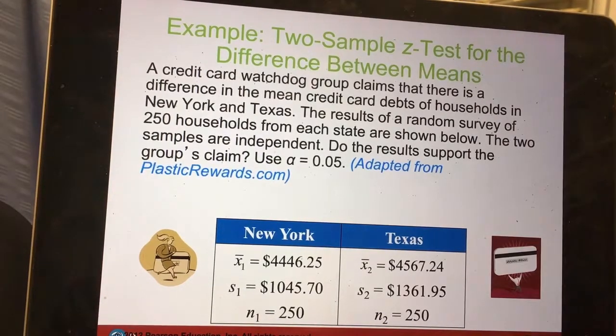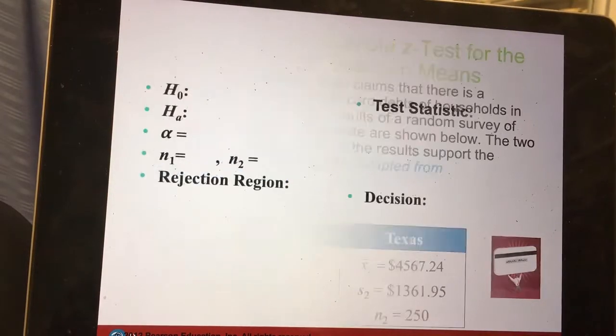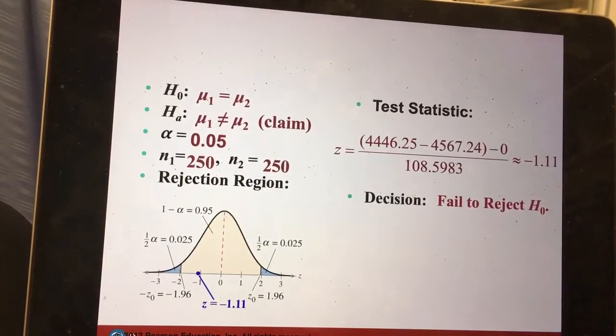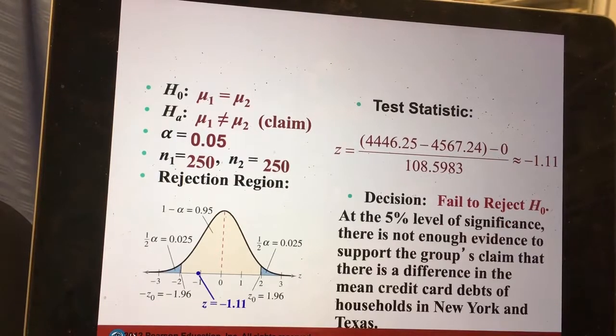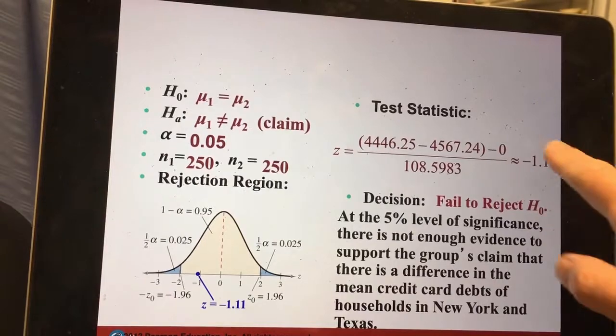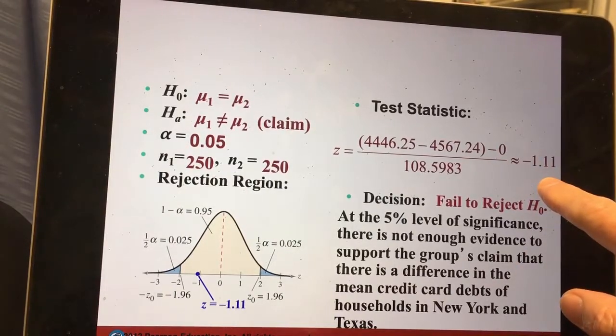So we're going to do a two-sample z-test, but we will not pool. When we stick in all of the data, we fail to reject because our z-score is definitely not abnormal, right? It's pretty small.